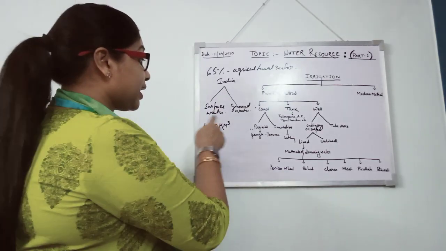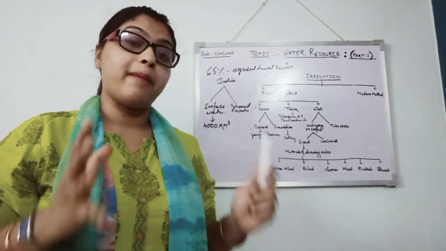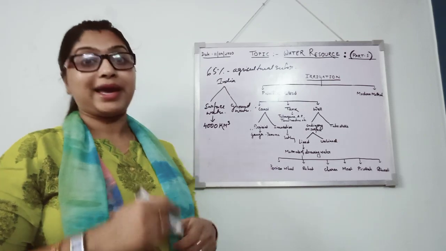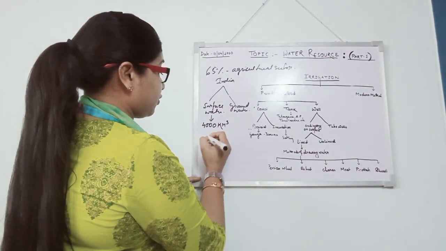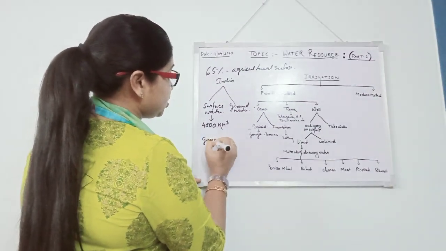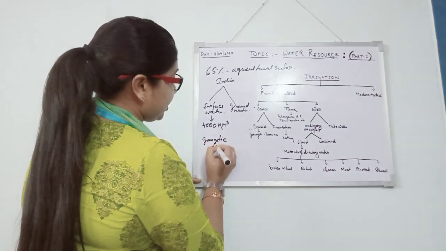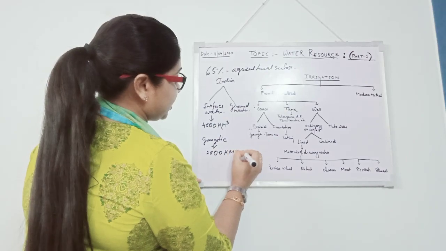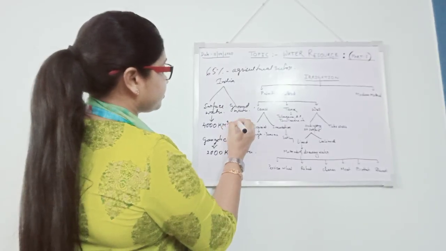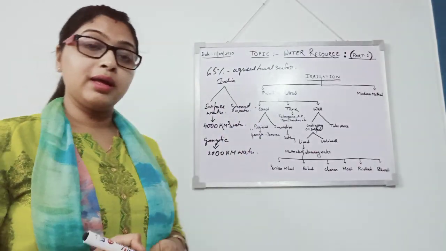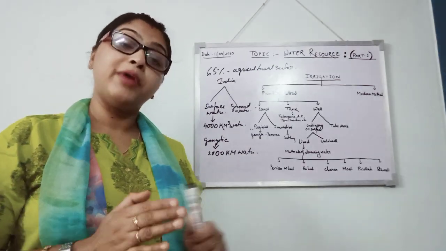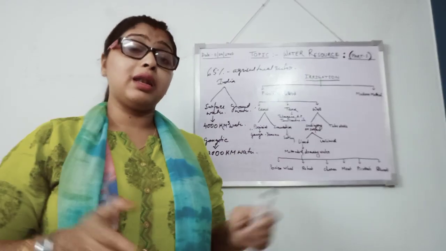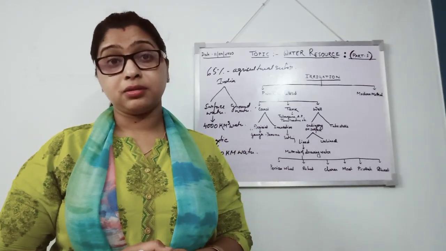But in the Gangetic plain area, Gangetic meaning the Ganga and its tributaries area, we can get 2,000 cubic meters of water. And the Ganga, Brahmaputra and some other tributaries have a large catchment area.